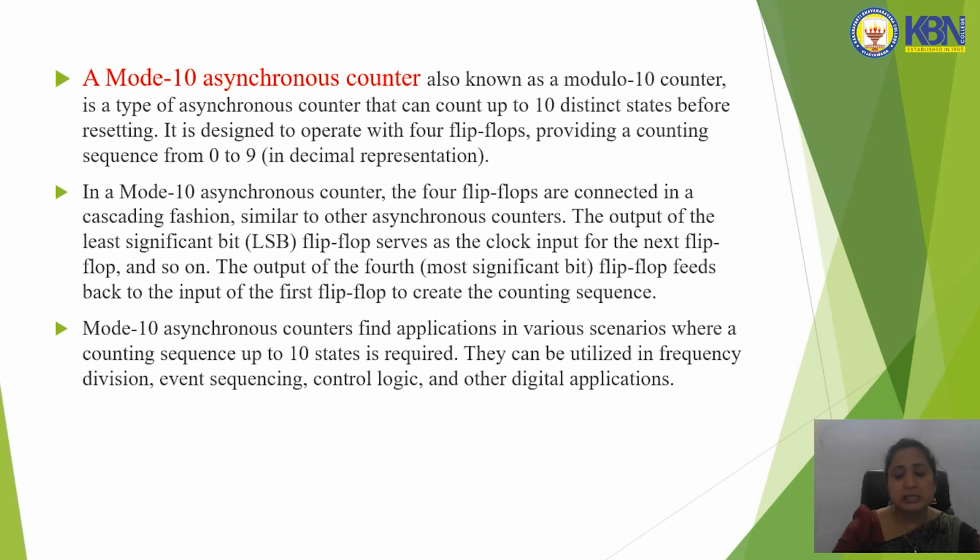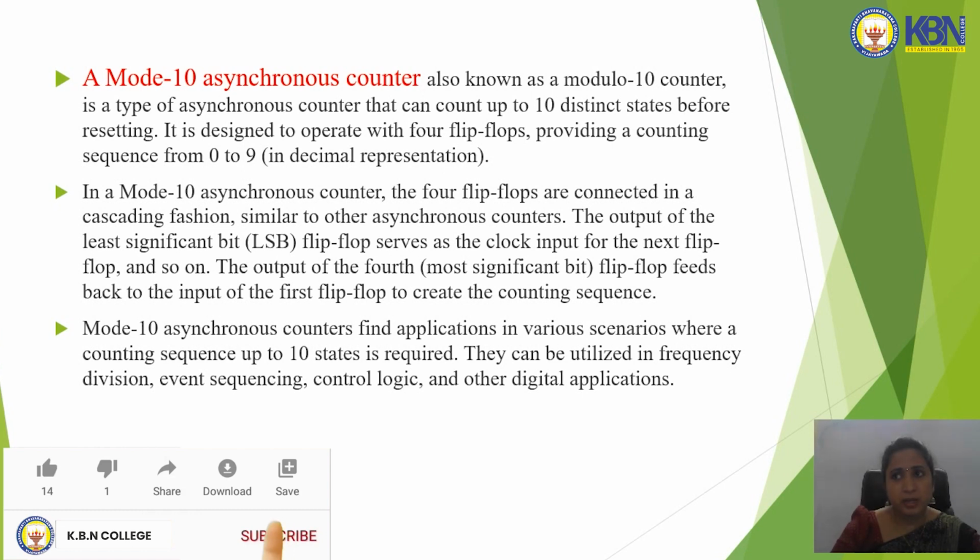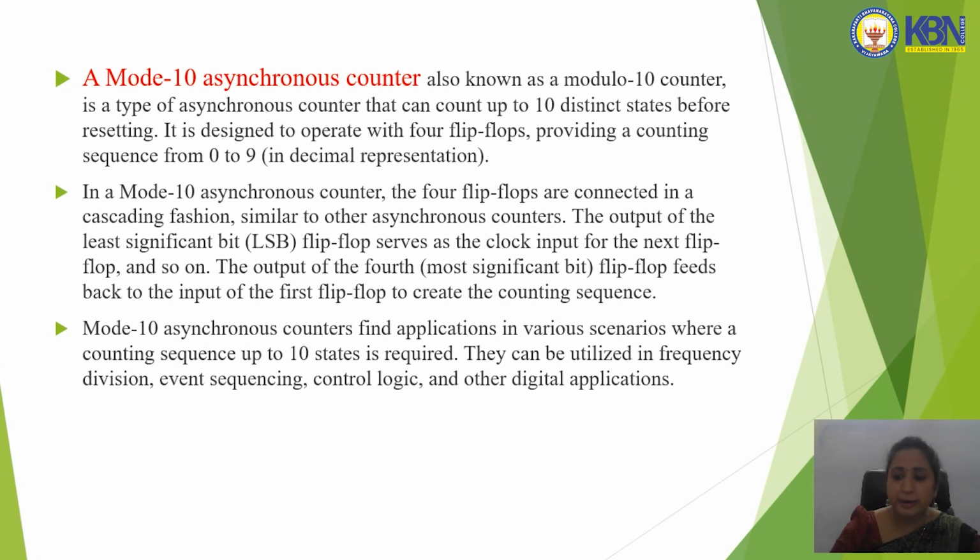In most cases they are used for frequency division, event sequencing, control logic and other applications. If we are counting the number of digits, or anything related to a number system, in that kind of situation we go with mod 8 or mod 10 asynchronous counters.